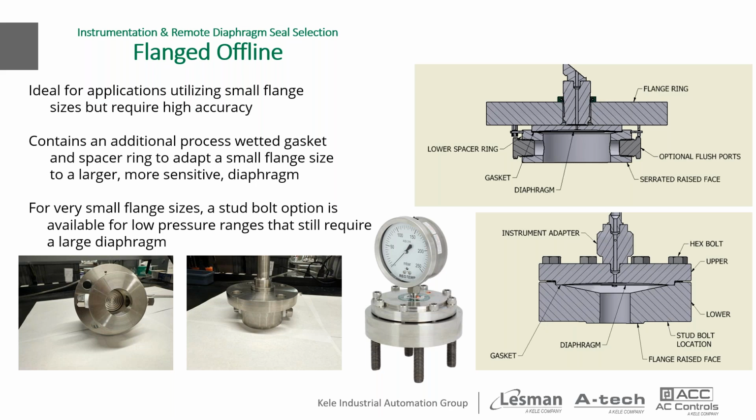For very small sizes, a stud bolt option is available for low pressure ranges that still require a large diaphragm. Again, typical sizes for these flanged offline are 1/2-inch through 2-inch for ANSI pressure classes of 150 and 300. Though, once again, we have seen higher pressure classes requested for 600 and ANSI 900 and so on.